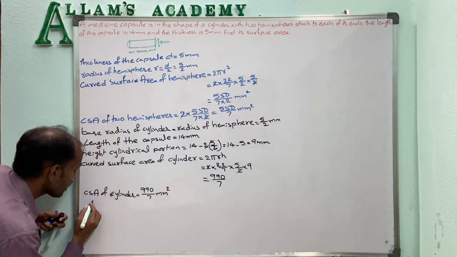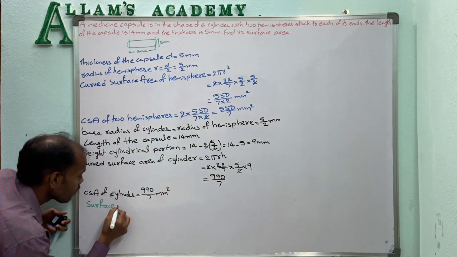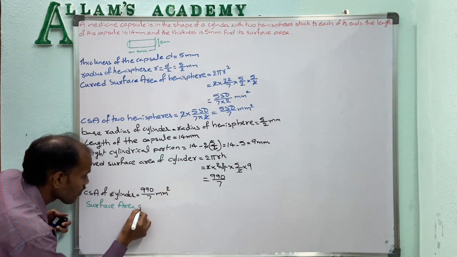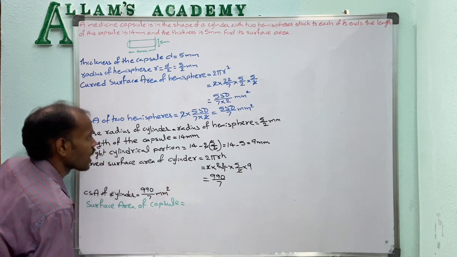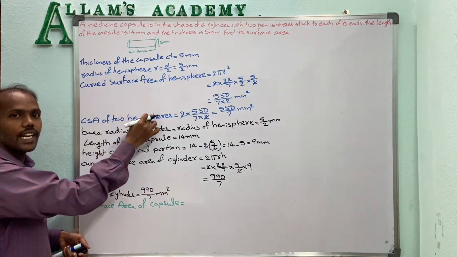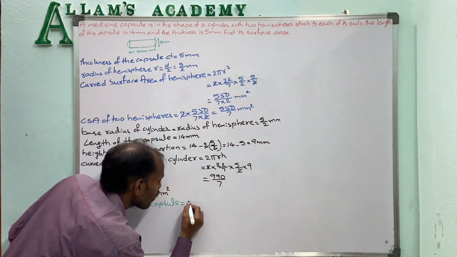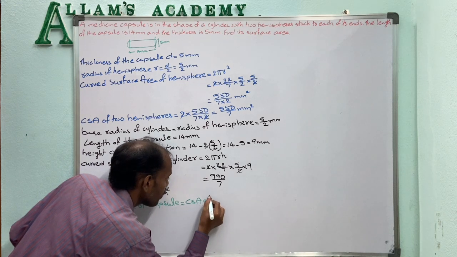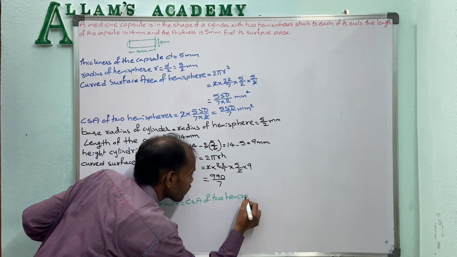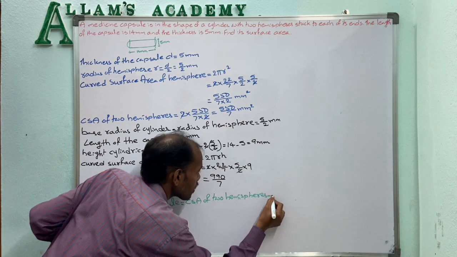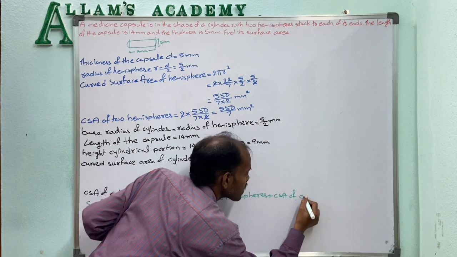So the surface area of the capsule is nothing but the curved surface area of two hemispheres plus the curved surface area of the cylinder.